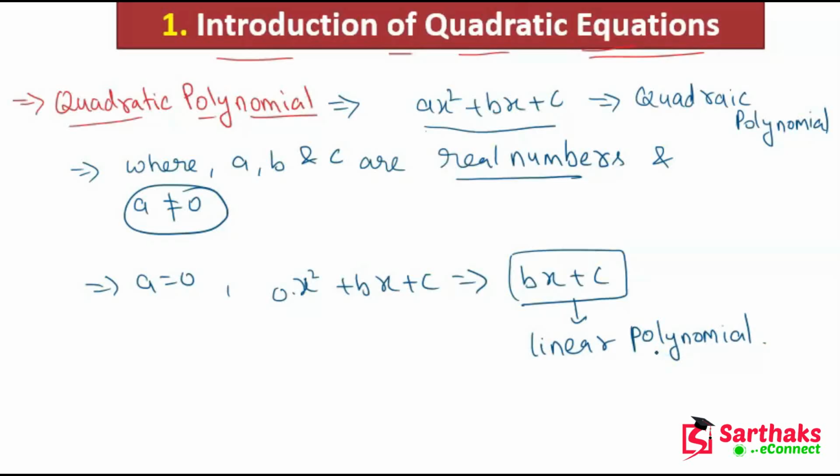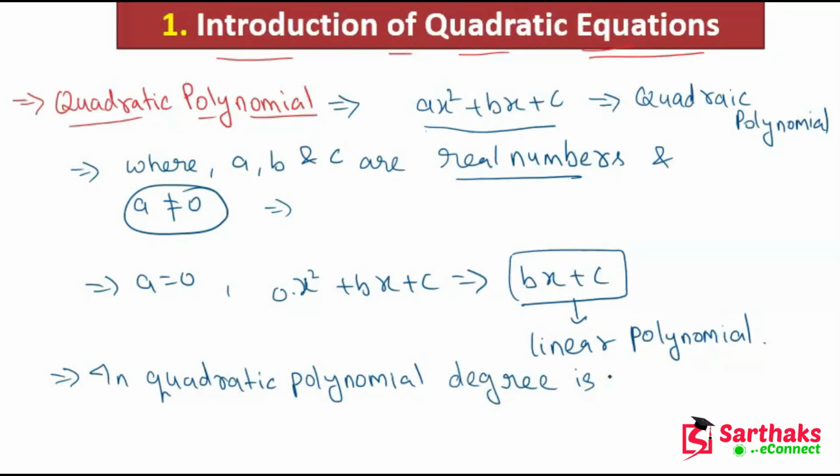So a quadratic polynomial is a polynomial in which the maximum degree is 2, and in a linear polynomial the highest degree is 1. I hope you get this point.